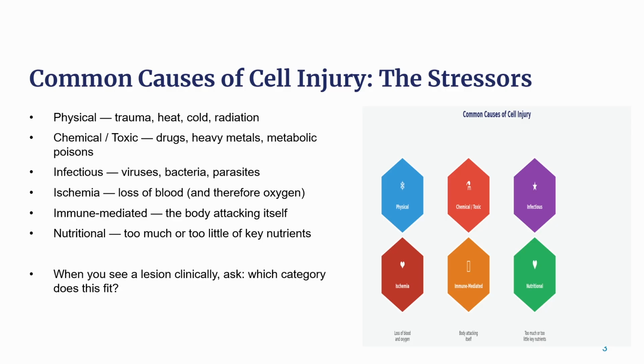Cut off blood flow and you cut off oxygen, and oxygen-starved cells die fast. Immune-mediated injury is the body's defense system going rogue, and nutritional deficiencies quietly starve cells of what they need to function. When you see a lesion clinically, ask yourself, which category does this fit?